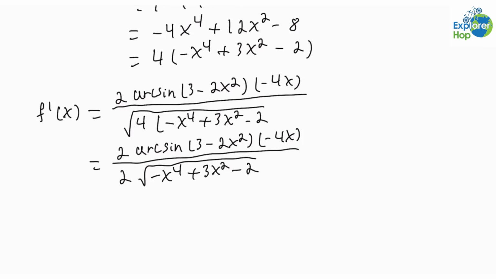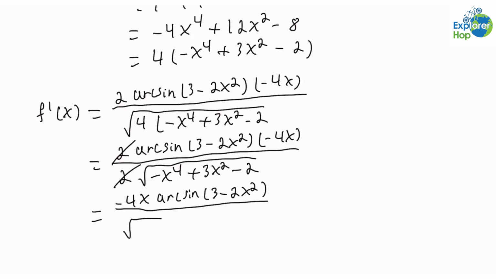And from here, the 2's divide out. And this is equal to negative 4x times arcsine of 3 minus 2x squared over the square root of negative x to the power 4 plus 3x squared minus 2.